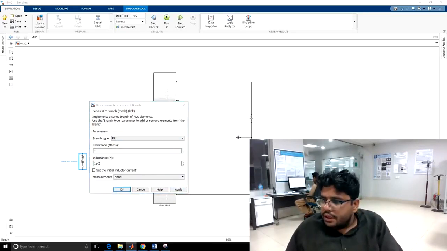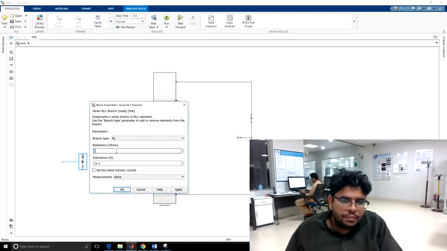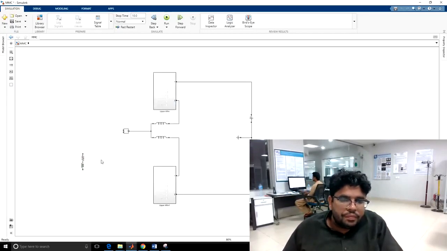Alright, and the load value should be 50 ohm and 10 millihenry. Alright, connect it here this way. We need also a ground. Copy it, rotate, connect it in this way.